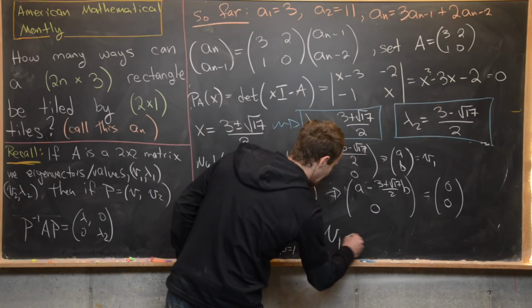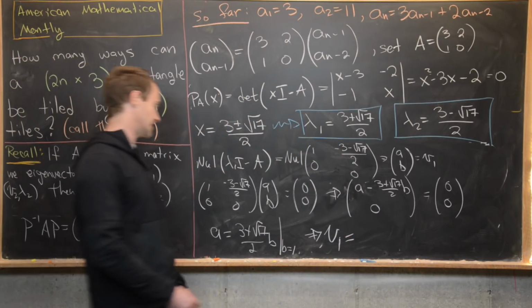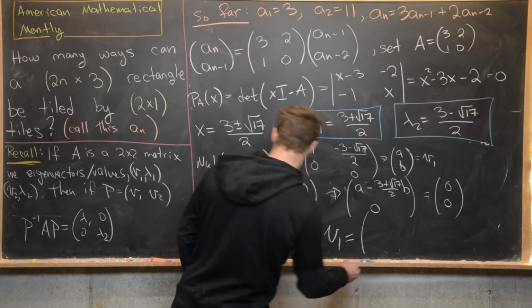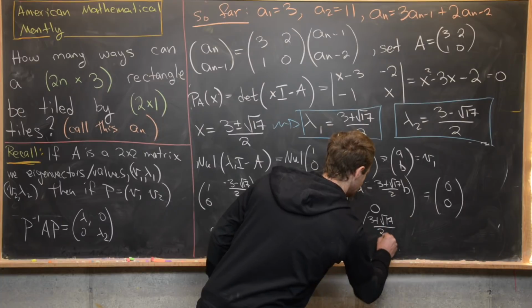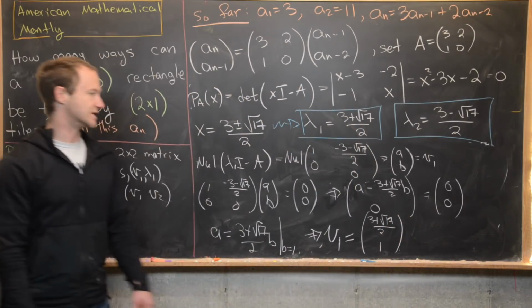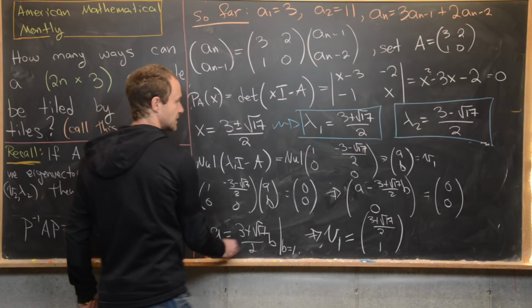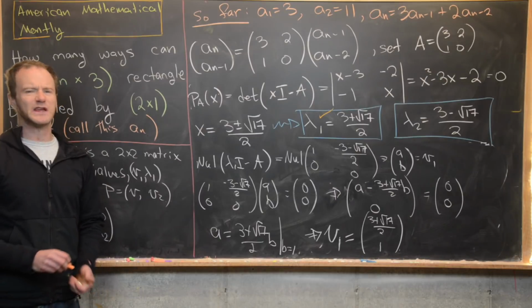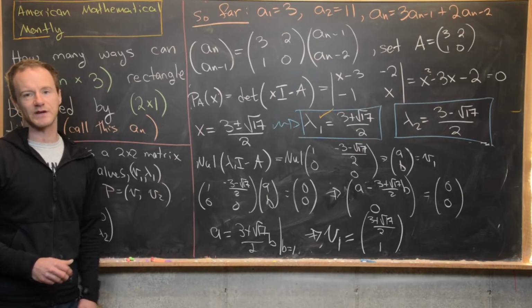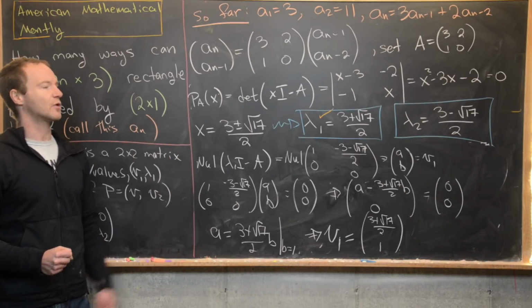And that tells us that our v1, in other words, the appropriate eigenvector that we can use, is of the form ((3 plus root 17) over 2, 1). So those are the entries there. So we figured out this first eigenvector, so I'll put a check there. And then through a similar method, we can figure out an eigenvector for lambda 2 as well, but I'll let you guys do that. And we'll just jump to the next board with those facts.